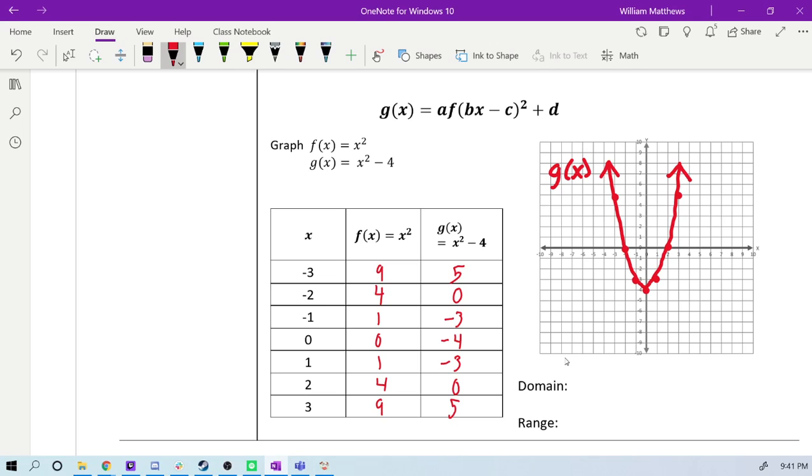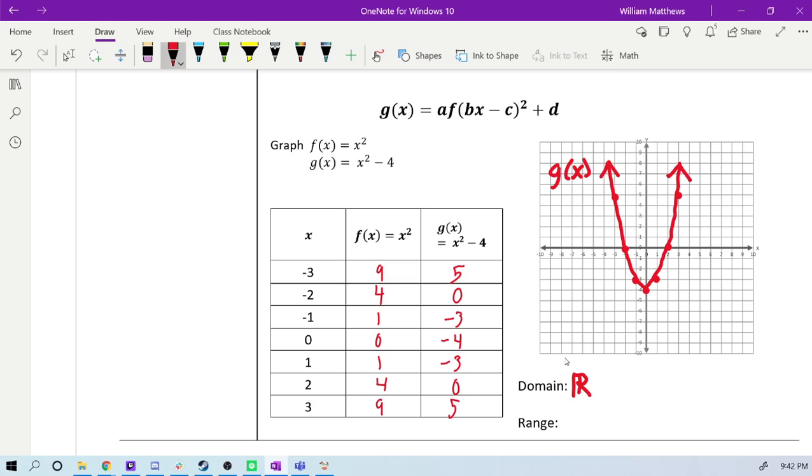Now our parent function's domain was all real numbers. There's nothing limiting what our x value can be. And that's the same for our new g of x function. There's nothing limiting our x values, which means that x, our input, can be all real numbers. It does not matter what number we put in there, we will always have some form of output.